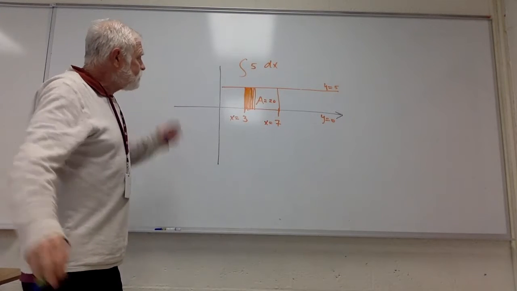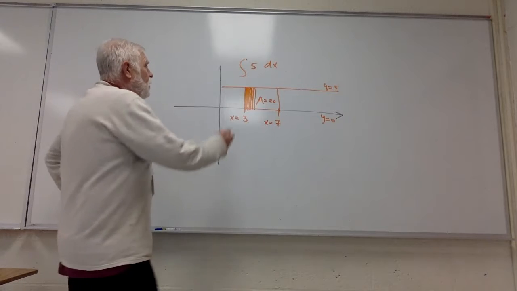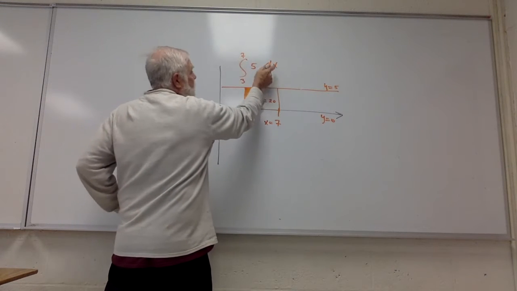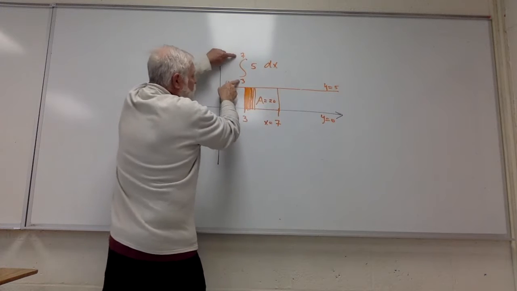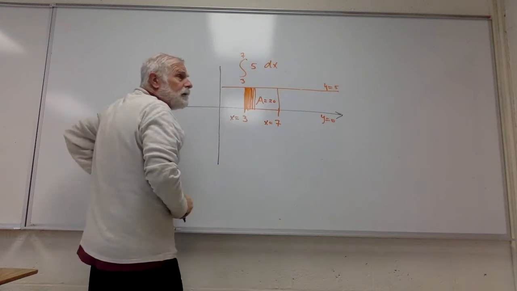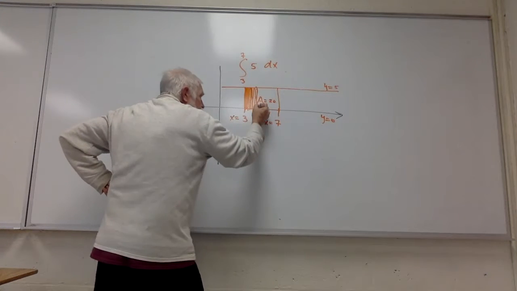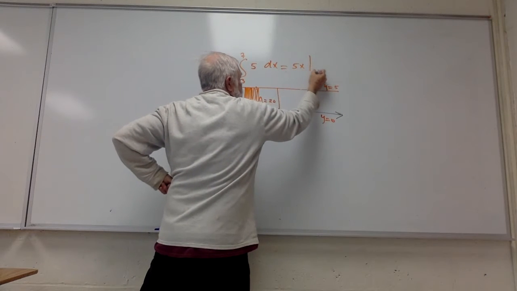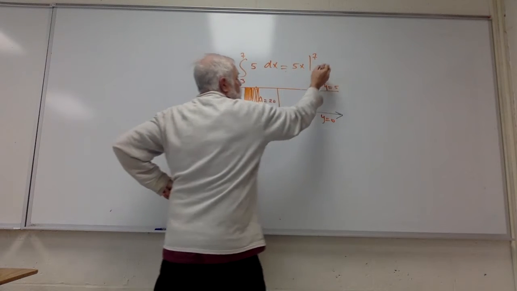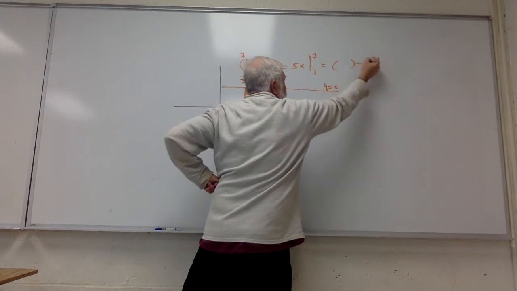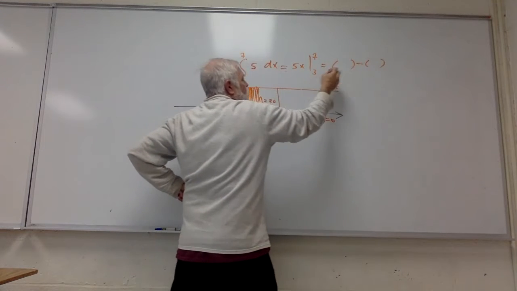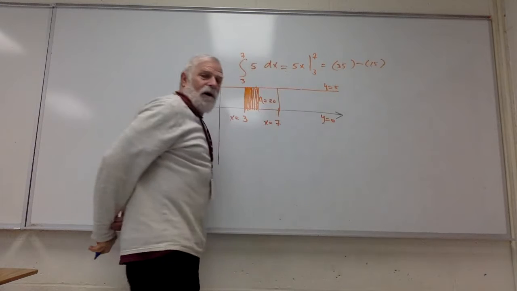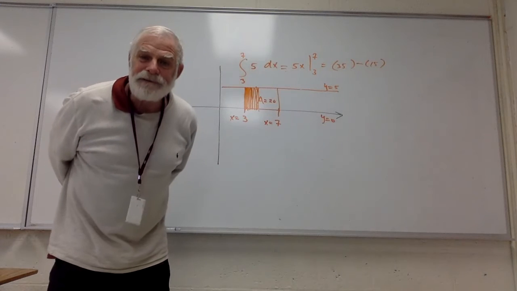And so what do we get if we do that? From 3 to 7, that tells us we're expressing the width here, really. Then what do you do? You integrate. And then you do the parentheses minus parentheses. 35 minus 15. Lo and behold, it's 20.